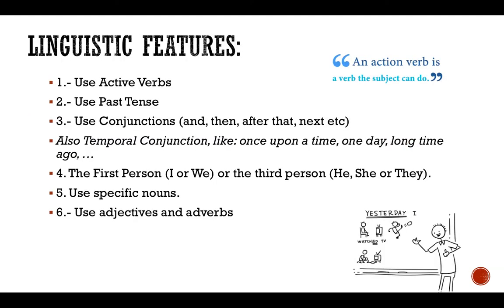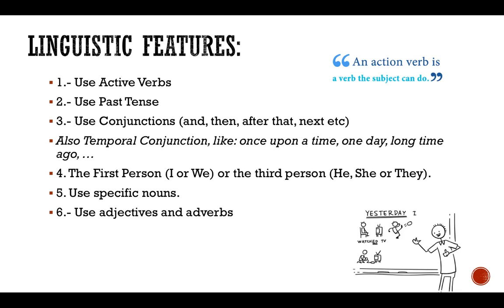Linguistic features. Use active verbs. An active verb, remember, is an action that the subject can do. Number 2, use past tense. Number 3, use conjunctions and then after that next.